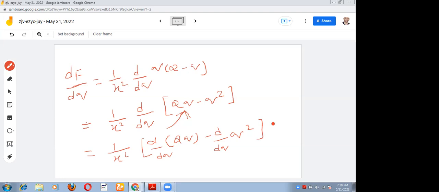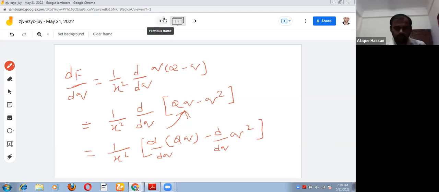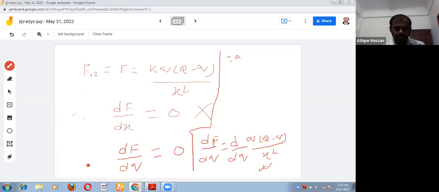So why are we finding out the differentiation? Because we have to apply this condition for F to be extremum, because we have to find out the force.